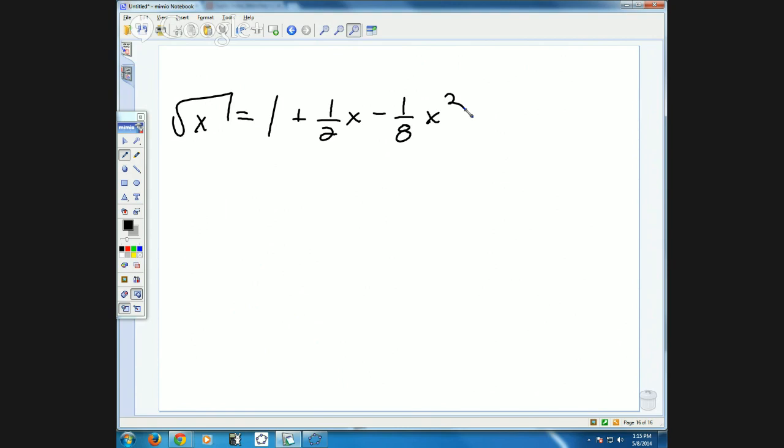Not x, but x minus 1. Powers of x minus 1. It's got to be x minus the center, x minus the center squared. You will make this mistake in the homework. I guarantee it. I make it all the time. I'm so used to series centered at 0, I forget that we center them elsewhere sometimes. If it was centered at 3, it would be x minus 3 in powers.